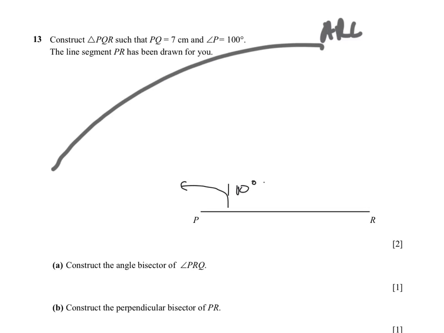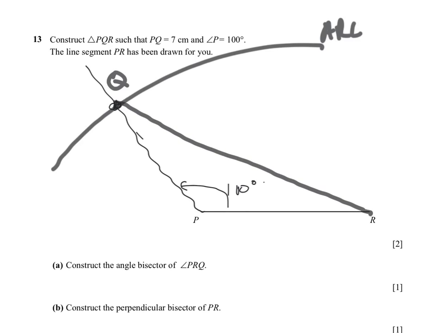Then you mark out the 100 degrees, use your ruler, draw, and you go up. So this point will be the point for Q. Then you just join it to R, and you have completed your triangle. Sorry about the wavy lines.